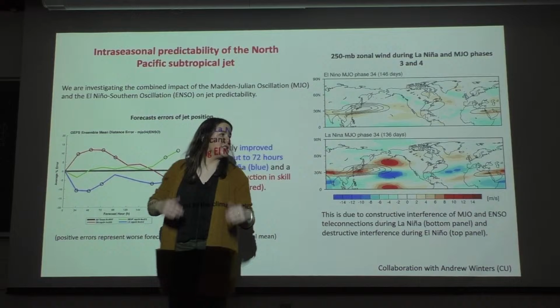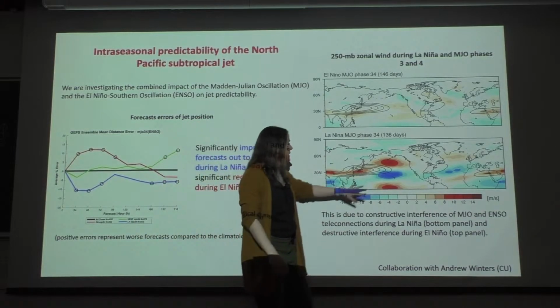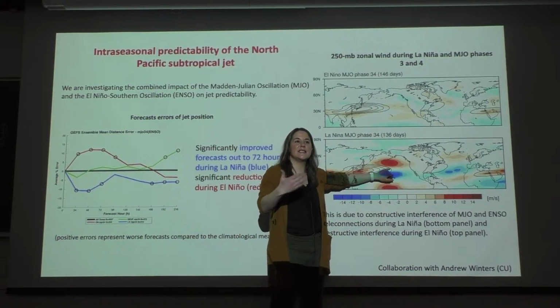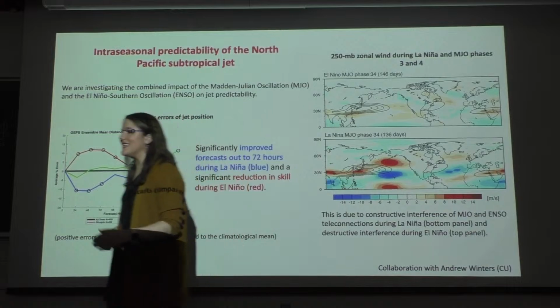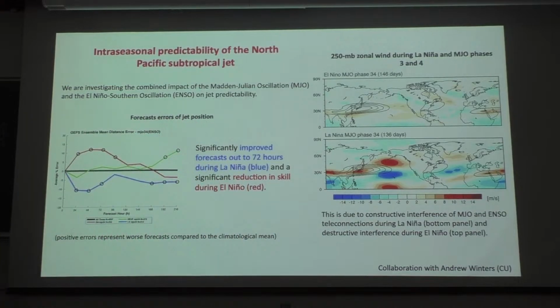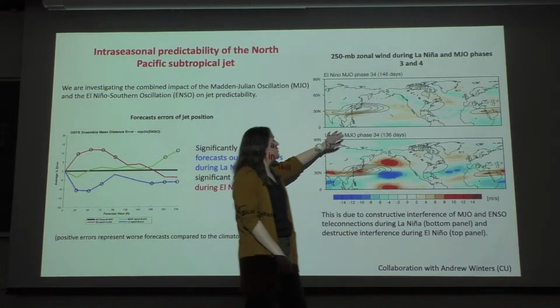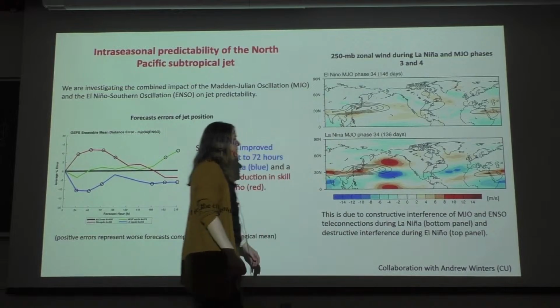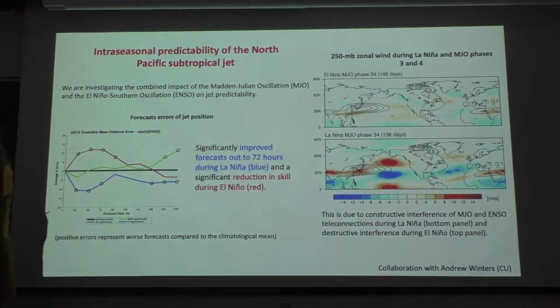So they both provide a similar response to the jet, and that gives us additional forecasting ability, unlike El Nino, where we don't see much difference in the zonal wind.